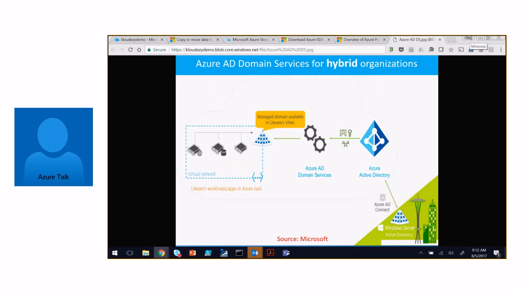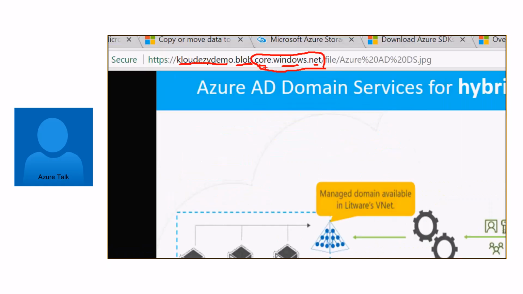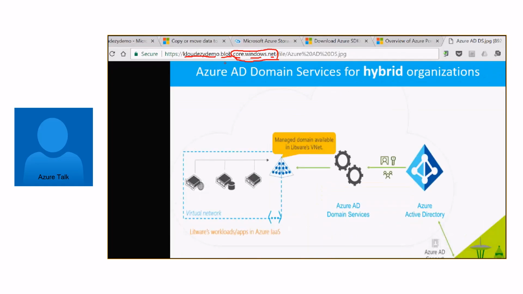Look at the URL: there is cloudeasydemo, that's your storage account name. Then, since it is a blob, it's blob.core.windows.net. This core.windows.net is the common section that we have. And then you have what kind of file it is, and I'll show you. We will also create a file share and a queue and all those, and you will see those URLs there.